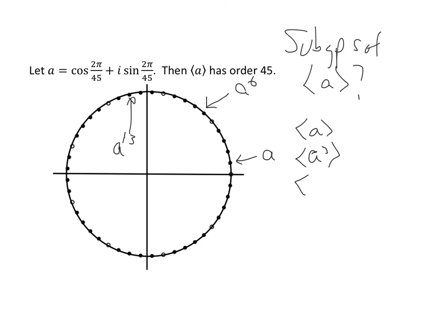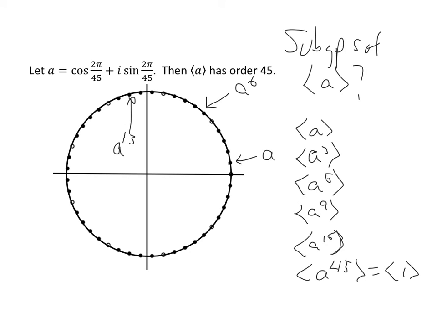Any divisor of 45, because A has order 45, will do it. The cyclic subgroup generated by A to the 5th, by A to the 9th, by A to the 15th, and by A to the 45th. But this is kind of nice, because remember that A to the 45th is just the number 1.